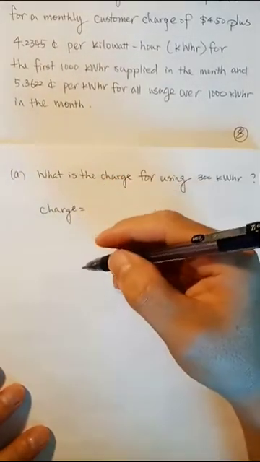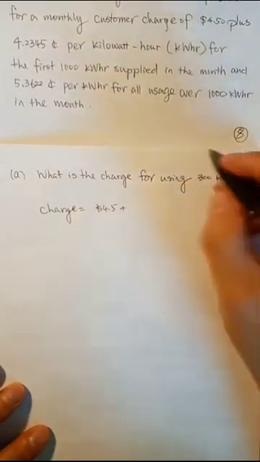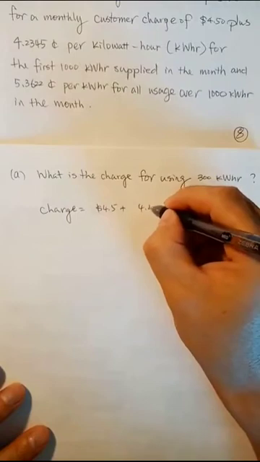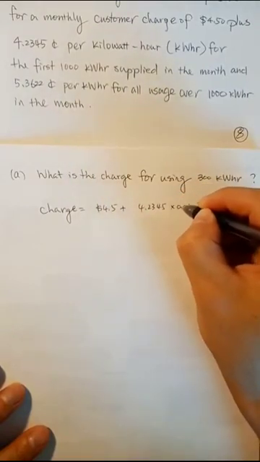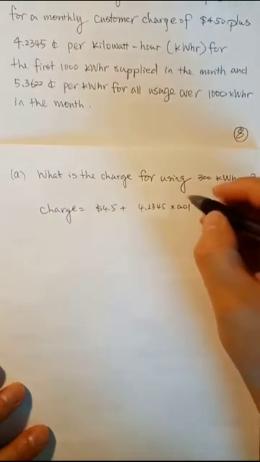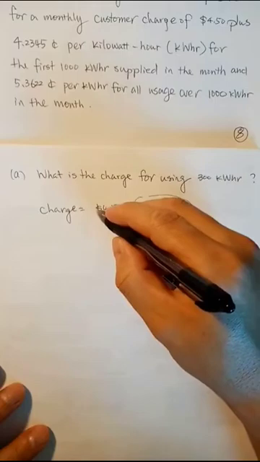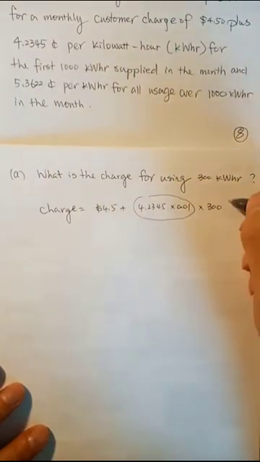The first part is a customer charge, it's $4.5, and the second part is every kWhr you have 4.2345 cents. Cent is $0.01. So we use this product to change the cents to dollars, and then you multiply by 300 kWhr.